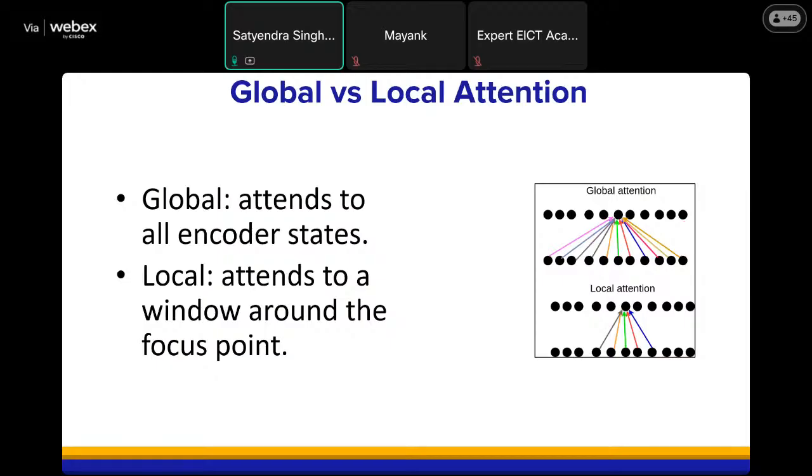There are various versions of it. You can collect all the hidden states from the input sequence, known as global attention, where each decoding unit collects all the hidden states and computes the output. Or you could work with local attention, where instead of taking all the hidden states, you take some of them as context information to generate one output. So these are the two variations.